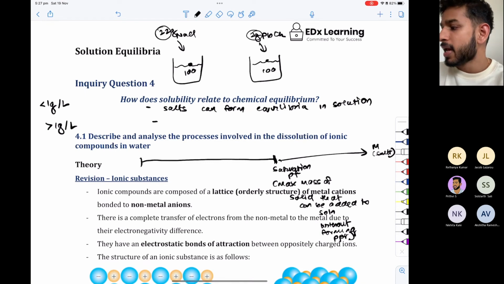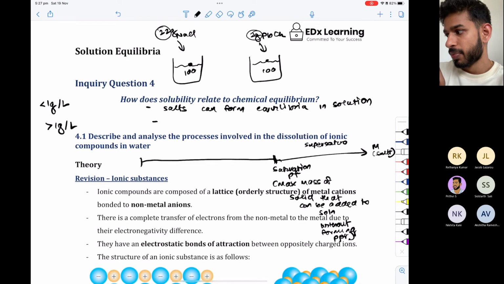Any additional mass past saturation point will form what's called a supersaturated solution, where you will see a clear precipitate.